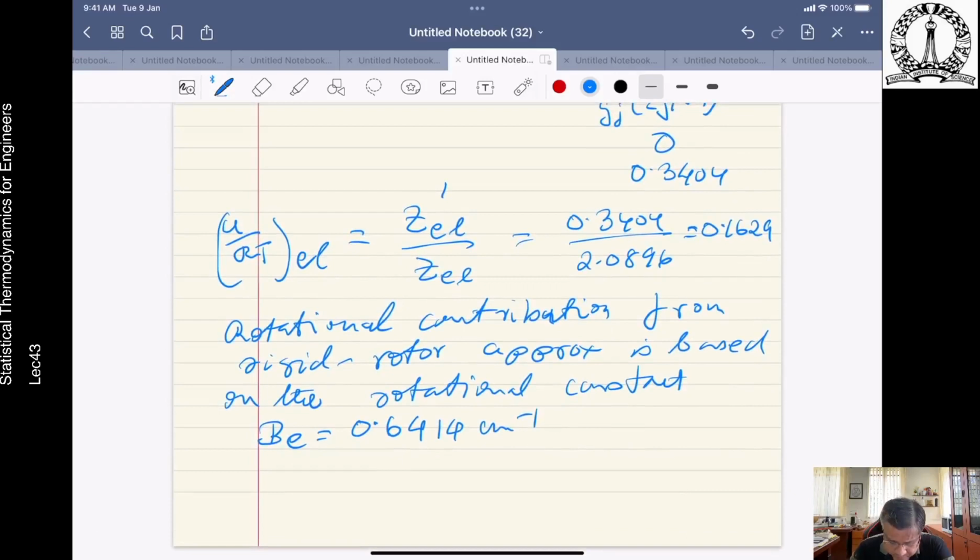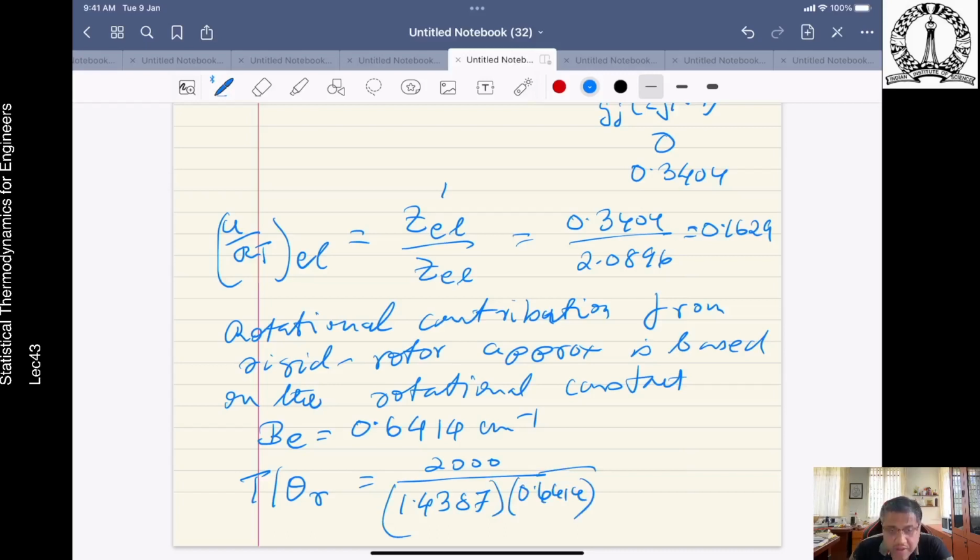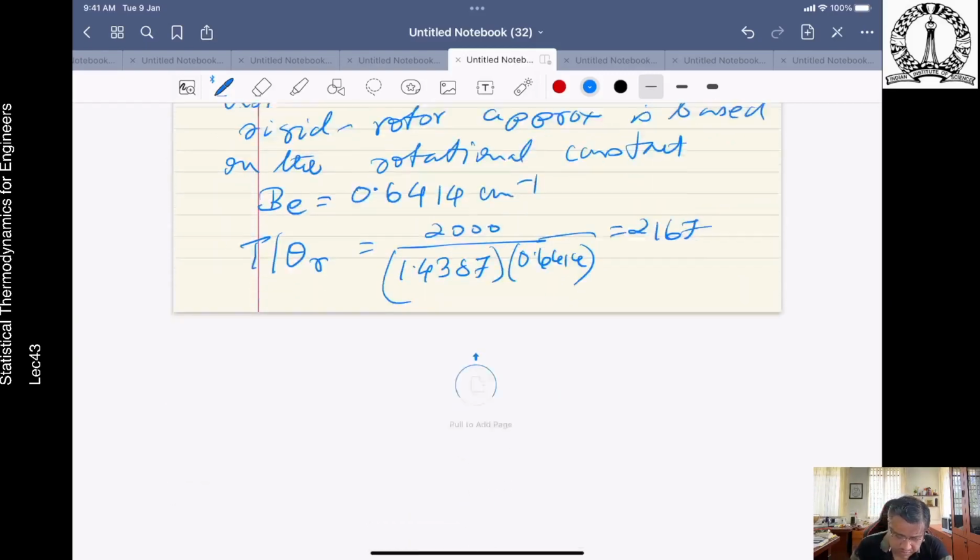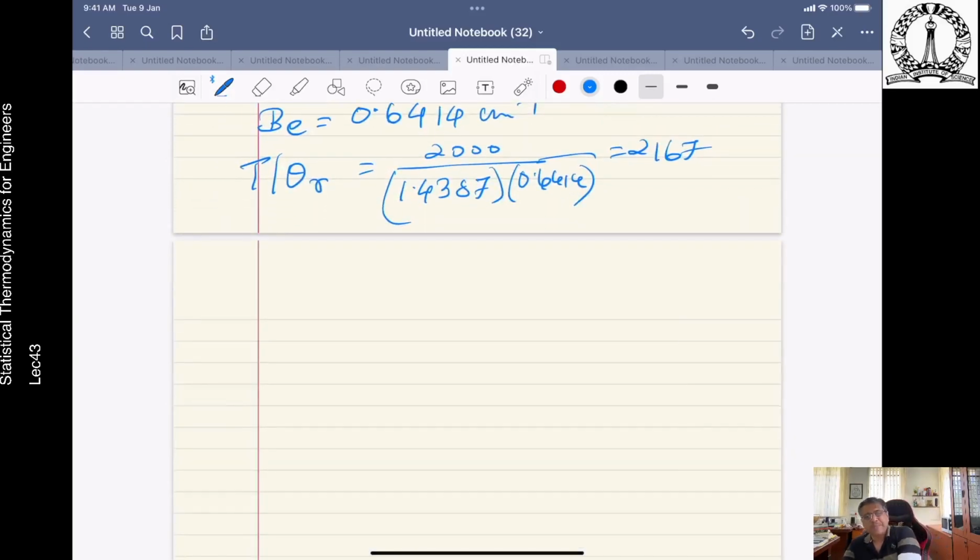As a result of that, T by theta R, remember 2000 is the temperature, divided by 1.4387 multiplied by 0.6414, which is given as 2167. So that is the corresponding value. So we find now that U by RT rotation is equal to 1. We employ all these things.